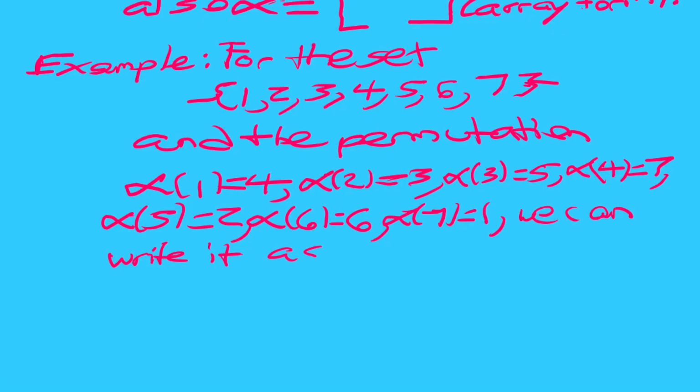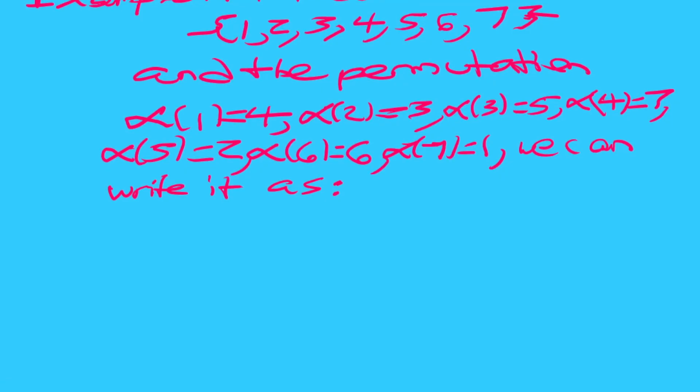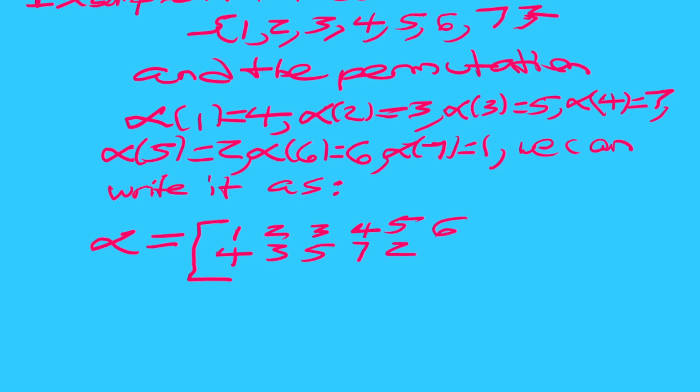write it as alpha equals the array with 1, 4, 2, 3, 3, 5, 4, 7, 5, 2, 6, 6, and 7, 1.